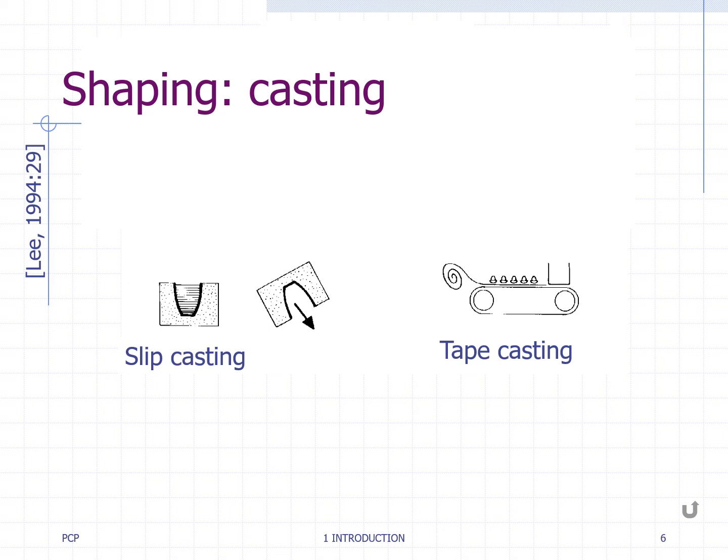By slip casting, houseware ceramics such as kitchen utensils or sanitary pieces can be shaped. Tape casting is, on the other hand, the state-of-the-art technique to fabricate thin, flat ceramics, particularly for the electronic industry.